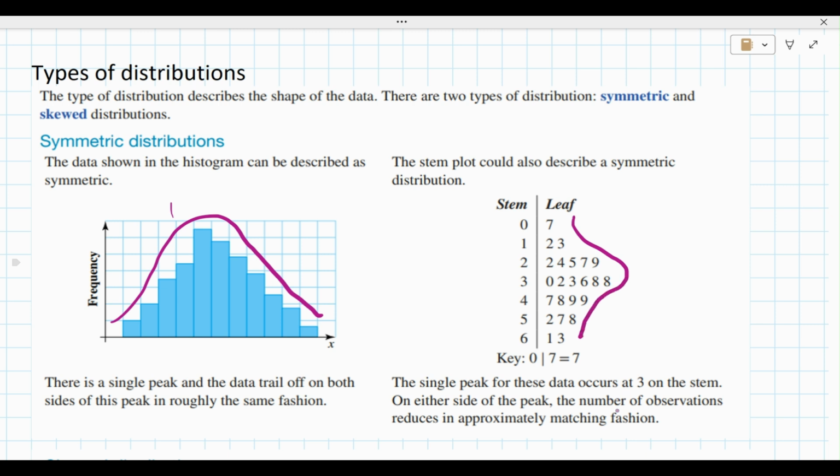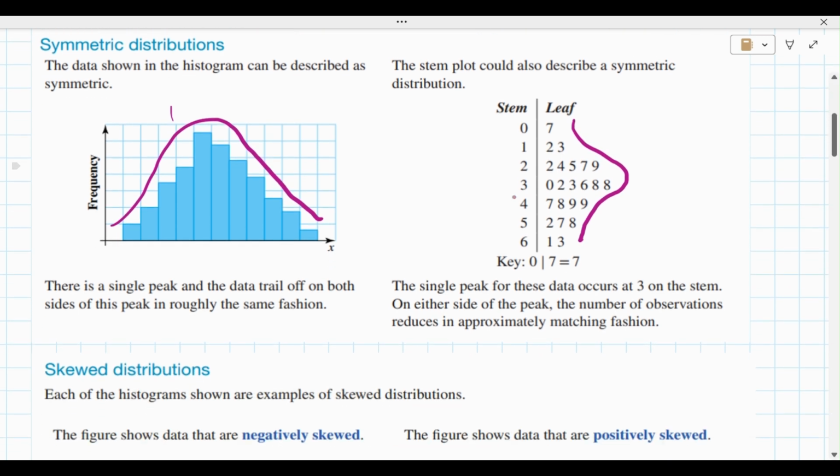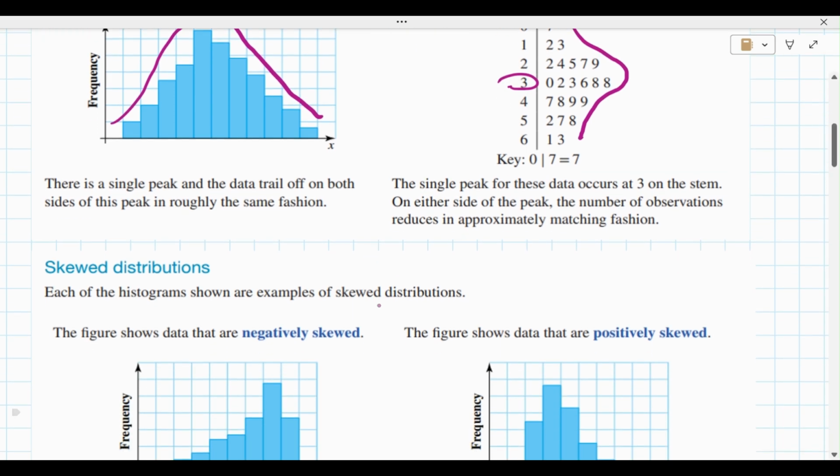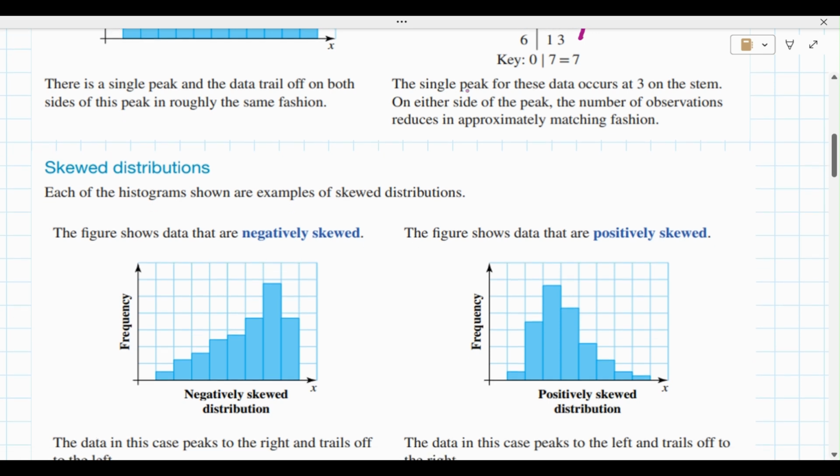There's a single peak in the data, the tails on both sides are roughly the same fashion, with the single peak at 3 on the stem. The number of observations reduces in approximately matching fashion. So negative skew will be like this, and positive skew will be like this.